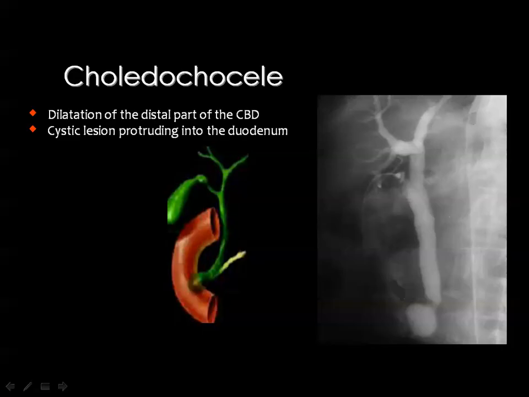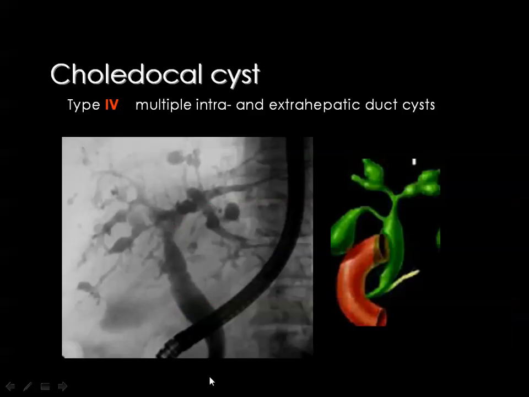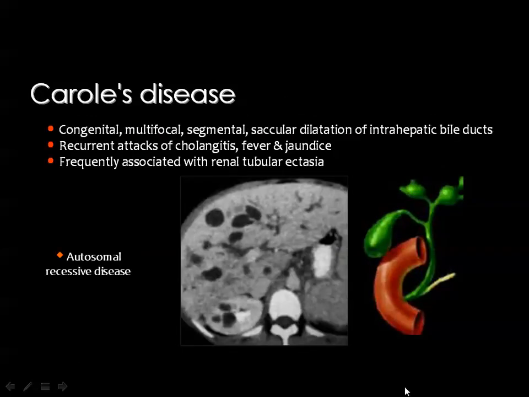Choledochocele is dilatation of the terminal part of the common bile duct, as you can see in this example. And type 4, multiple dilatations of the intrahepatic, as you can see, as well as the extrahepatic biliary ducts. Type 5 is Caroli disease, where there are multiple cystic dilatations of the intrahepatic biliary radicals, but the extrahepatic bile ducts are of normal caliber.